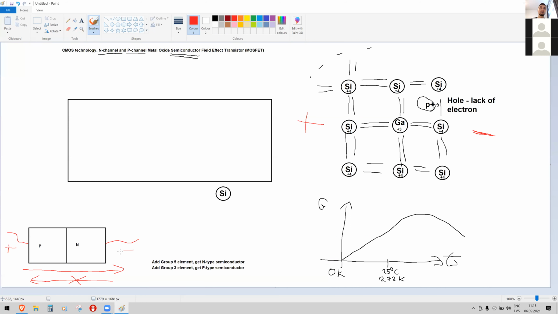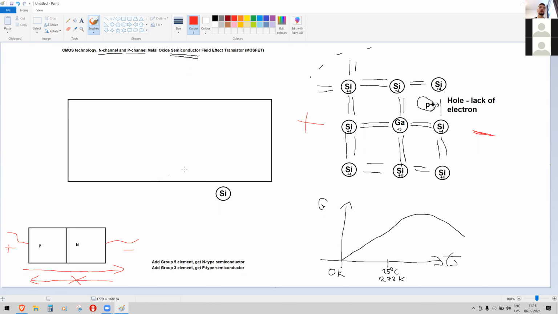But if you put it the other way around, you only recombine more electrons with more holes, they disappear and it doesn't conduct the other way around. One second. So this is how this material works.